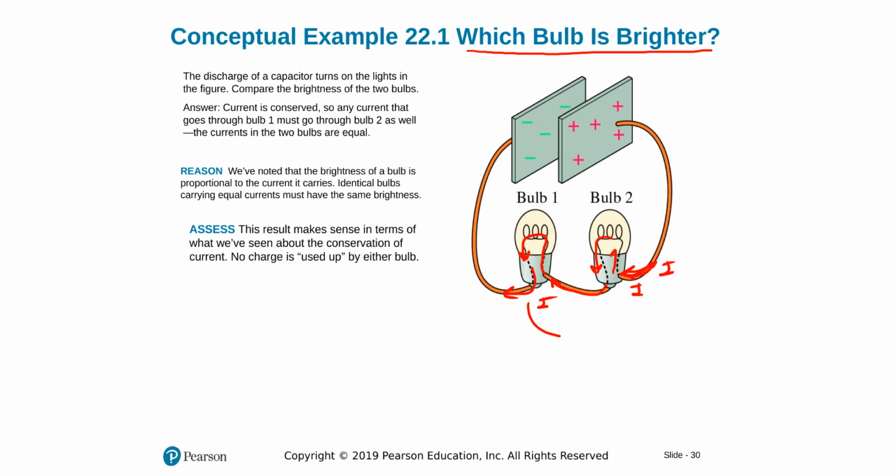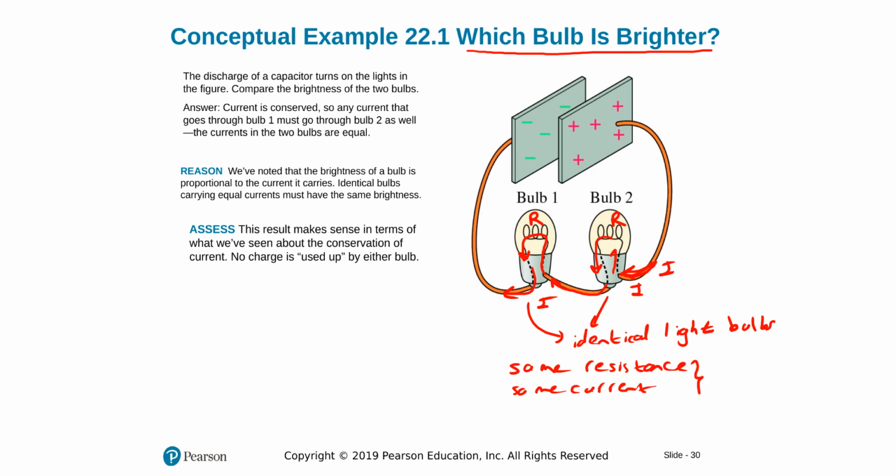And here we have identical light bulbs. So whatever resistance this wire has here, this wire will have the same resistance or same properties. Same resistance, same current.